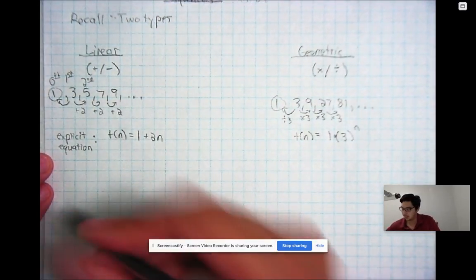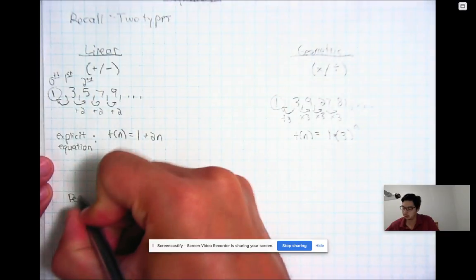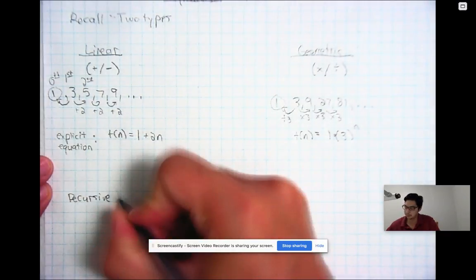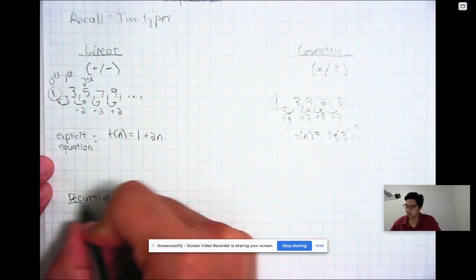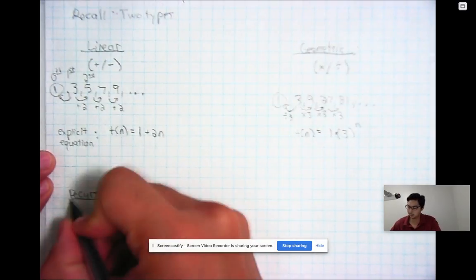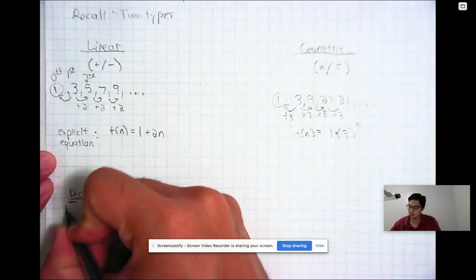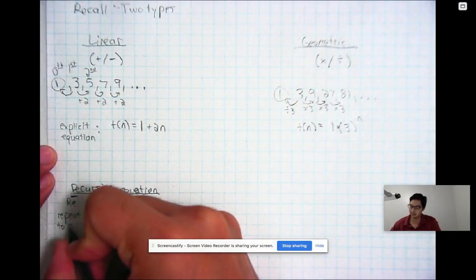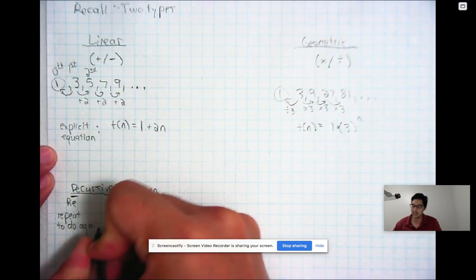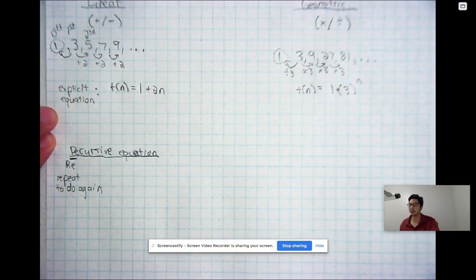Now, today, you're going to be learning something new called the recursive equation. Before I get into what recursive is, look at the prefix re, which is like in words like repeat, to do again. That's going to help you understand this when I write it.